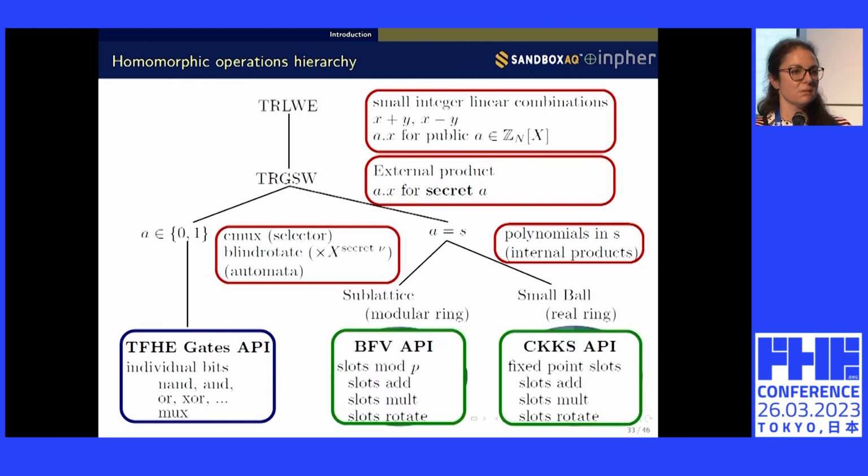We will obtain the two other APIs, the BFV one that gives us the slot arithmetic over the integers, and the CKKS one that gives us the fixed point arithmetic.